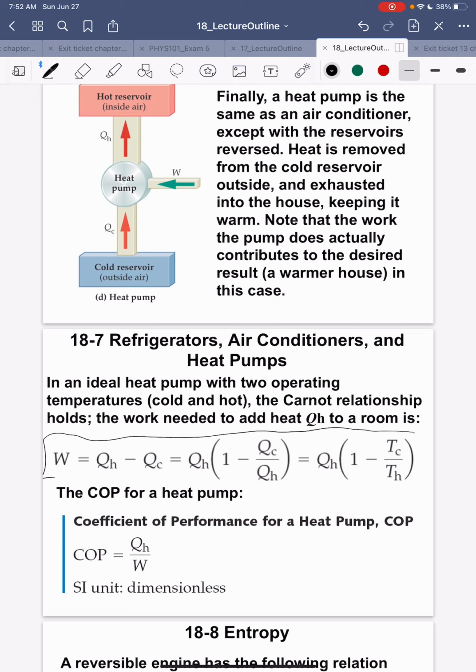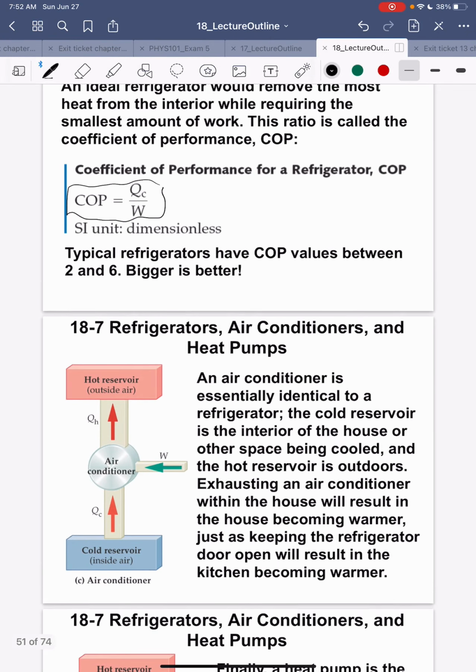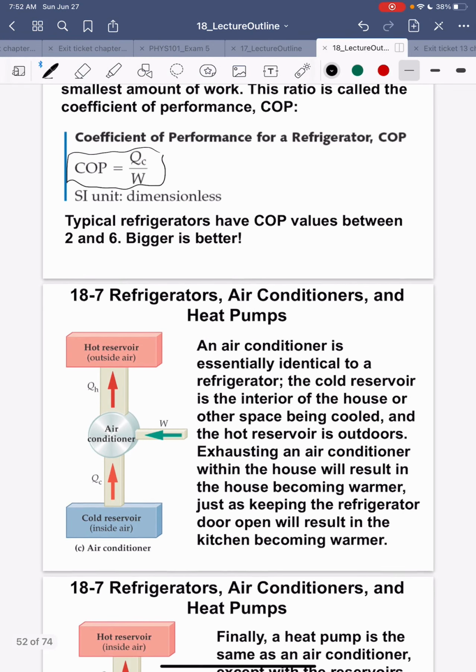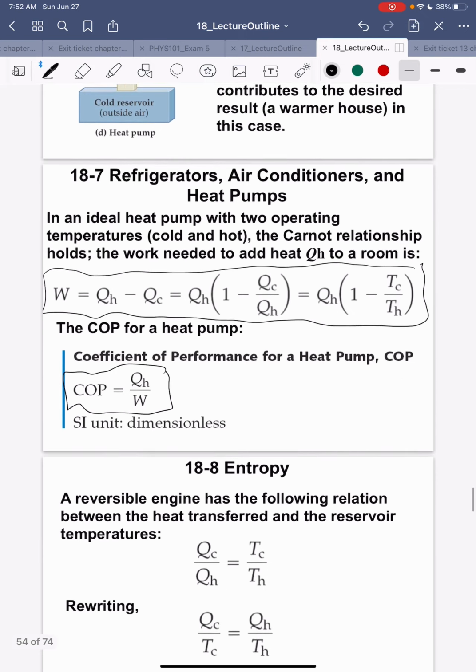W equals Q hot minus Q cold. And finally, we are going to get the coefficient of performance, which is Q hot divided by W. I want you to compare this one with the one for the refrigerator, Q cold divided by W. This one, Q hot divided by W.